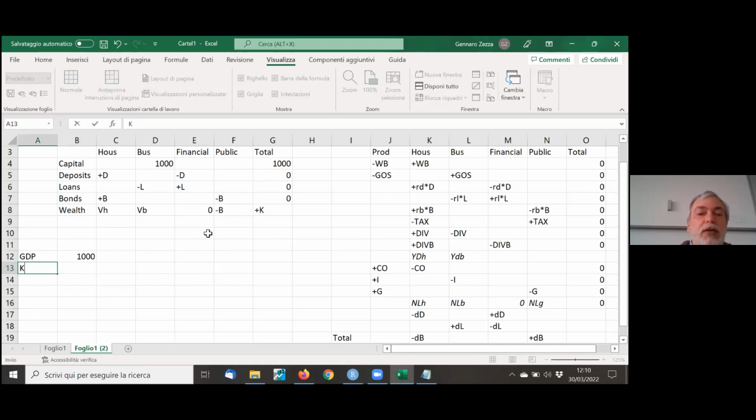So what I've done here is to say K is equal to GDP. Let's say that bonds are 30% of GDP.